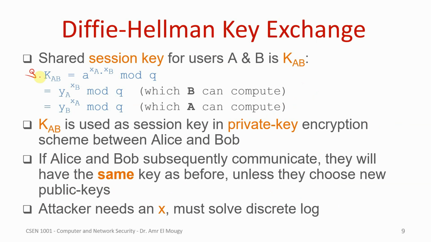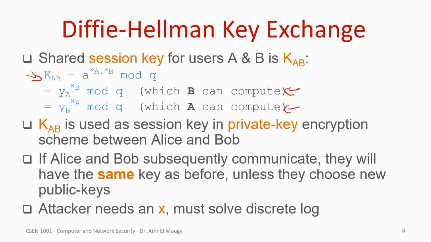So here K_AB is equal to A to the power X_A X_B mod Q, which is equal to the public key of A to the power of the private key of B, or it is equal to the public key of B raised to the power of the private key of A mod Q. So B can compute this one because it has the public key of A and its own private key X_B.